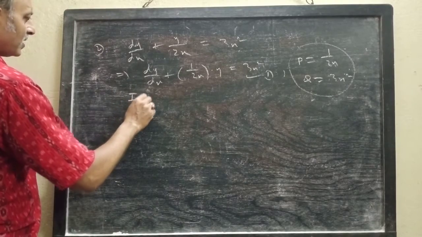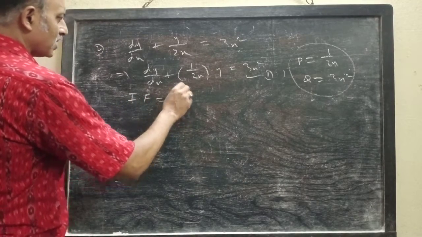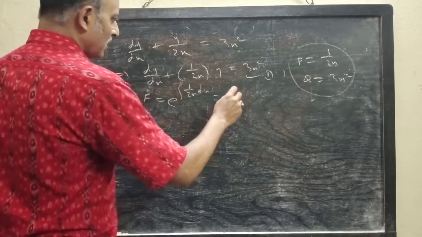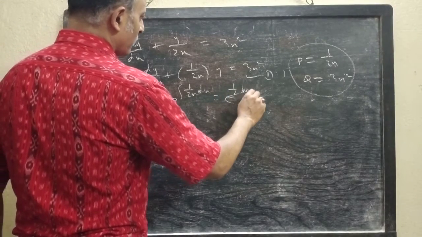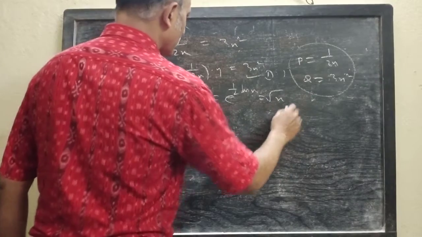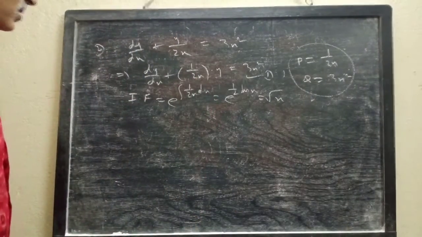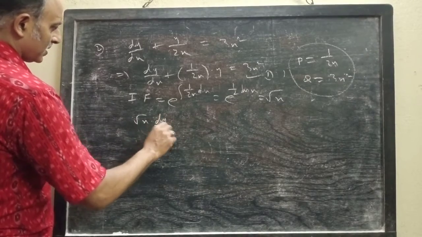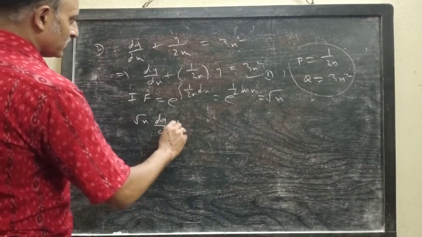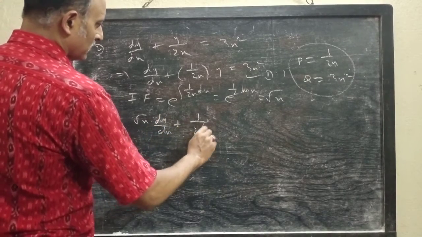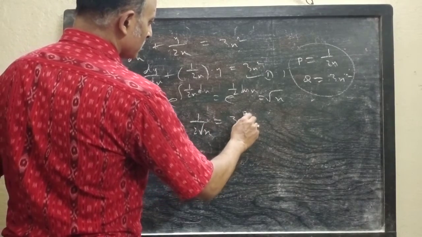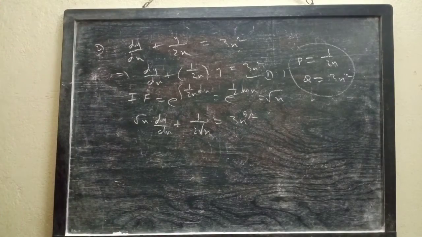Now the integrating factor is e to the power integration P dx, that is e to the power half ln x, which is actually root x. Now multiplying both sides of 1 by root x, we get root x dy/dx plus 1 by 2 root x y equals 3x to the power 5 by 2.